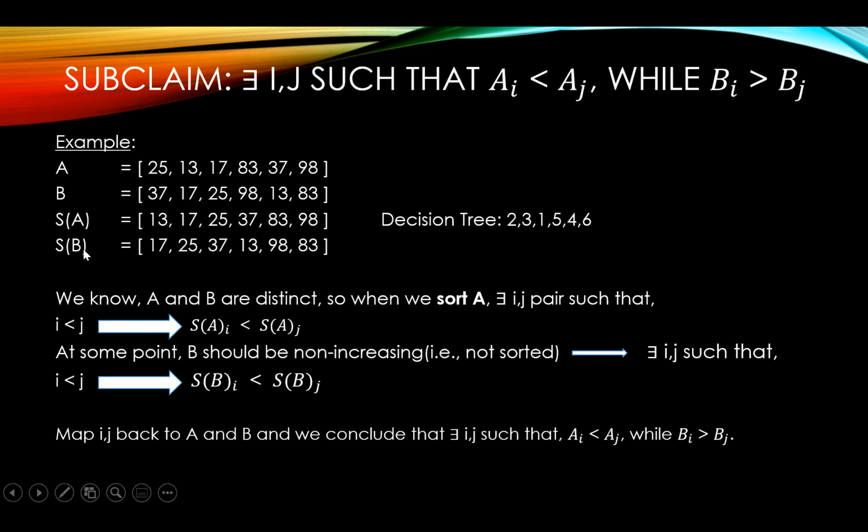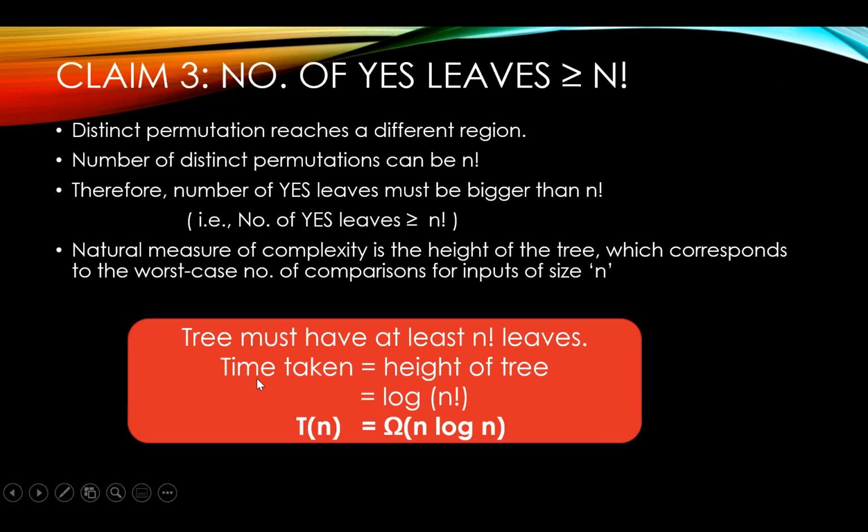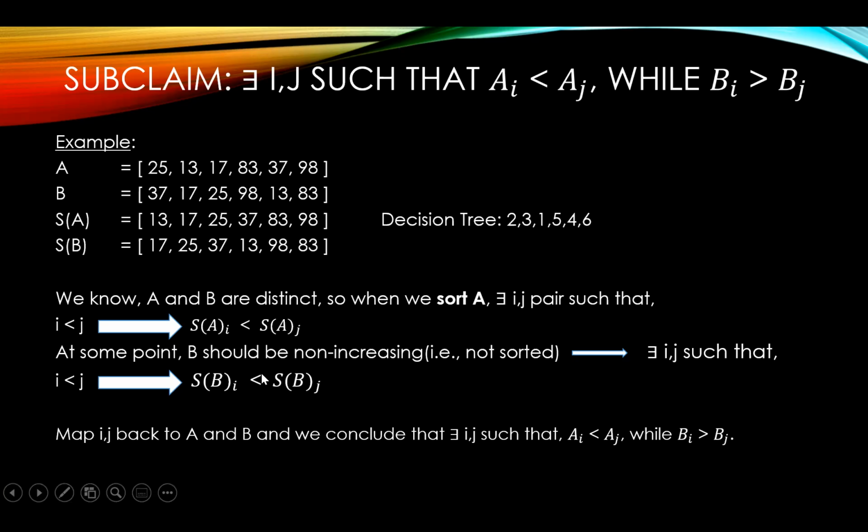That is, B, which is the initial permutation, will not be sorted, meaning there exists i, j such that i is less than j and S of Bi is greater than S of Bj.